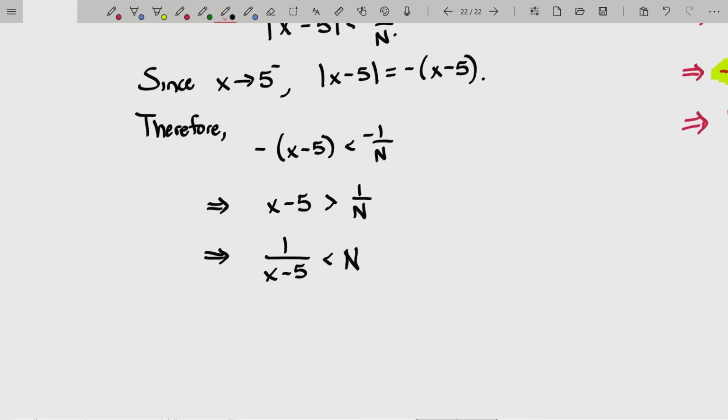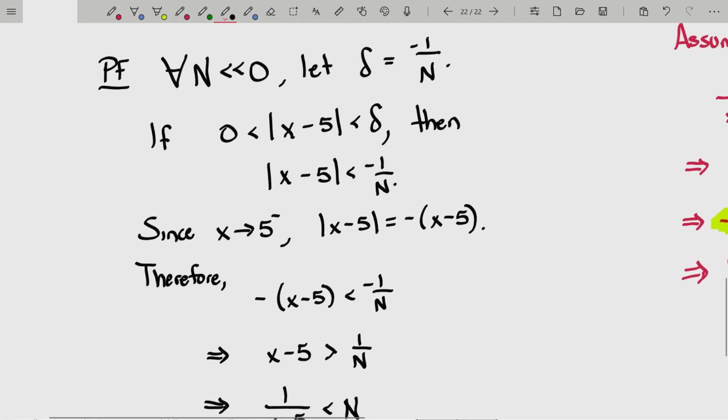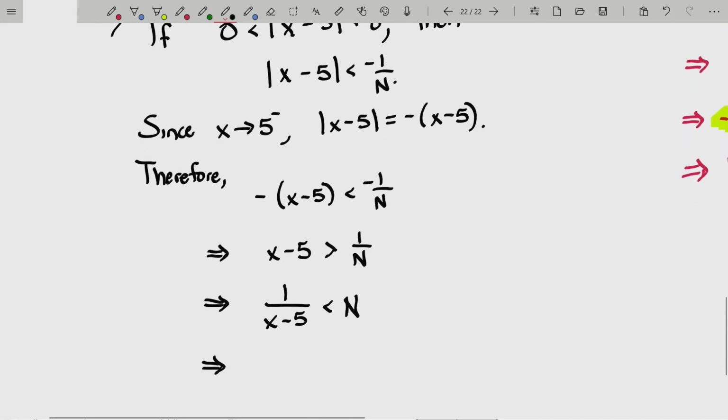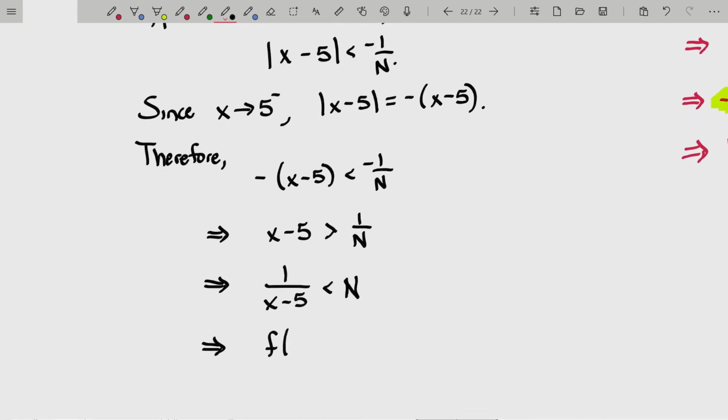You say, ladies and gentlemen, I am done. And they say, quitter. And you say, no, I'm not a quitter. I'm done because I've just shown you that for that very negative number you've handed me, I have created a delta neighborhood so that your function drops below that very negative number.